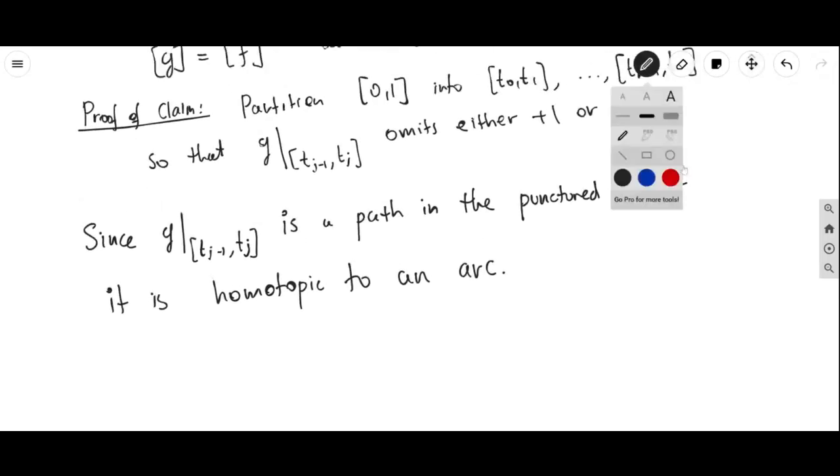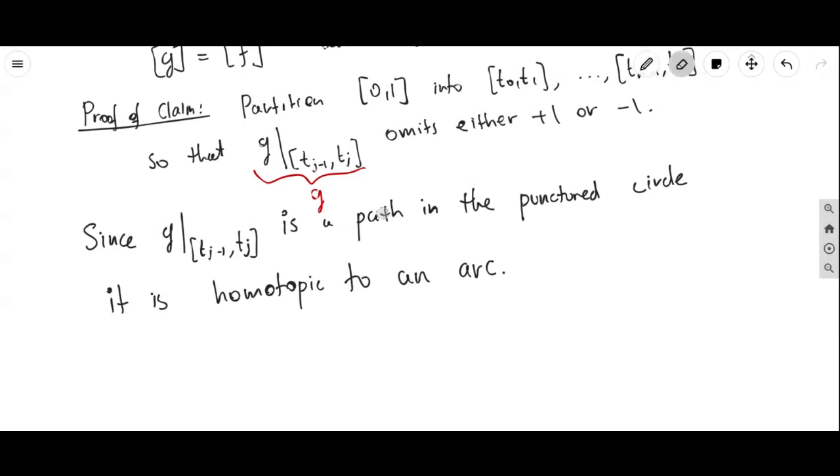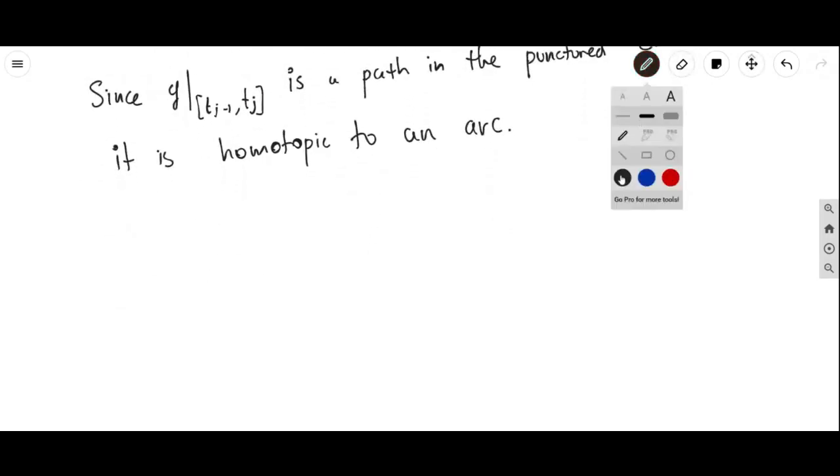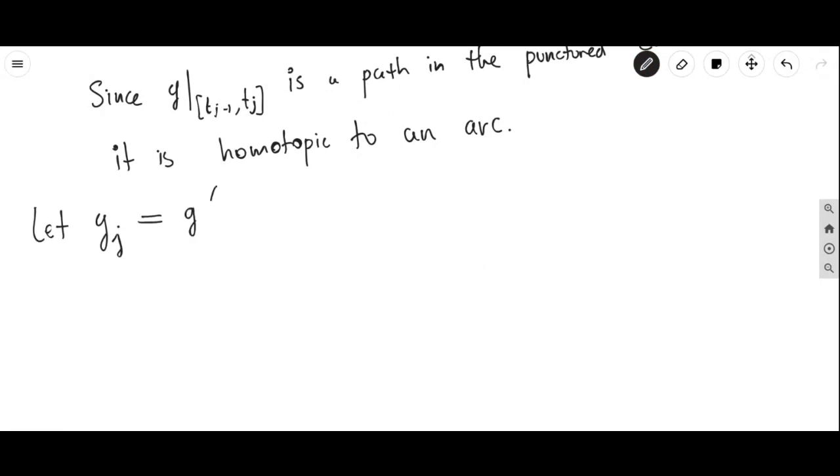So maybe to make the notation a little bit better to use, G restricted to that subinterval. So it is homotopic to an arc. Let's just say this: let G subscript j be G on tj minus 1, tj.